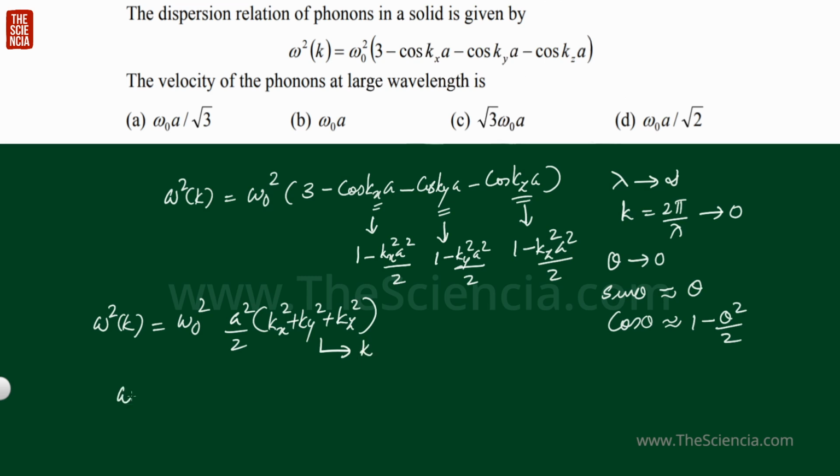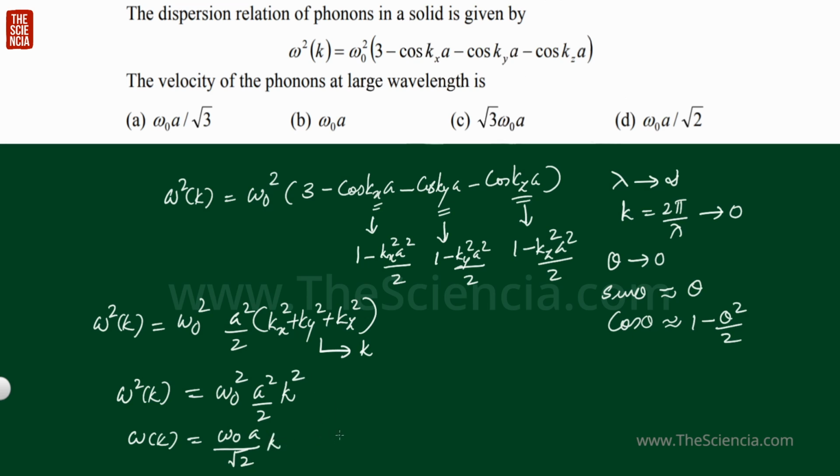So that is omega square k we obtained as omega 0 square a square by 2 into k square. That is, we get omega of k is equal to omega 0 a by root 2 into k. Here it is k square, right?